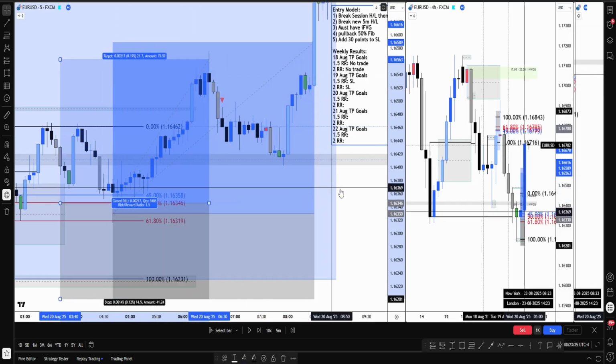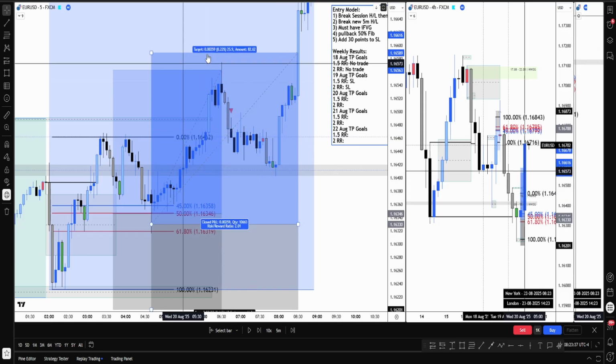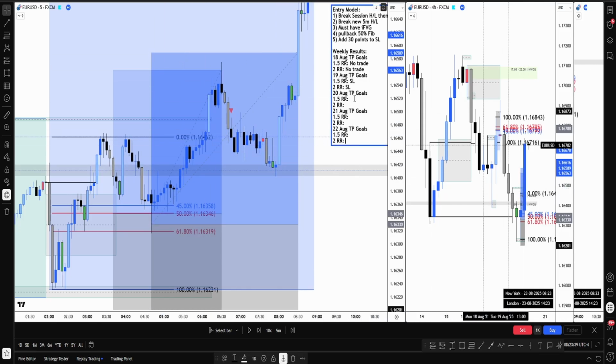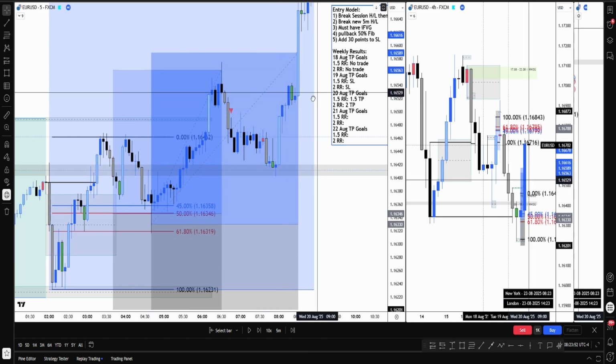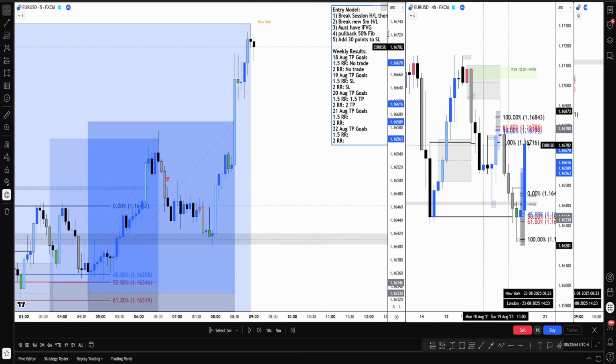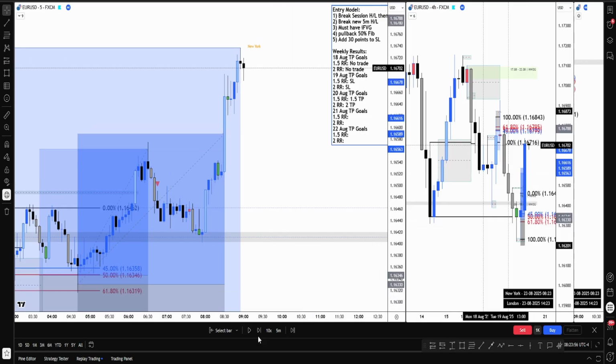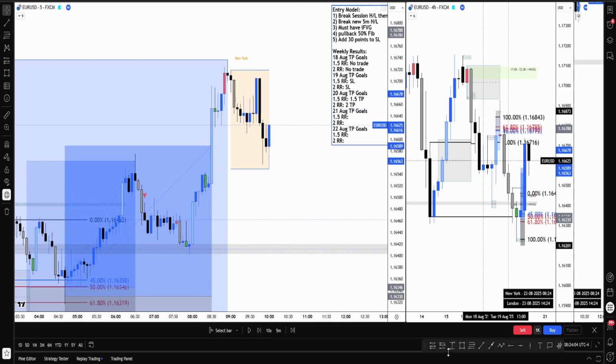Now I stopped trading the rest of the day because I met my consistency rule. I met my consistency, so I did not need to take a look at the New York time frame. But just for the sake of backtesting, let's look for a trade in New York as well.